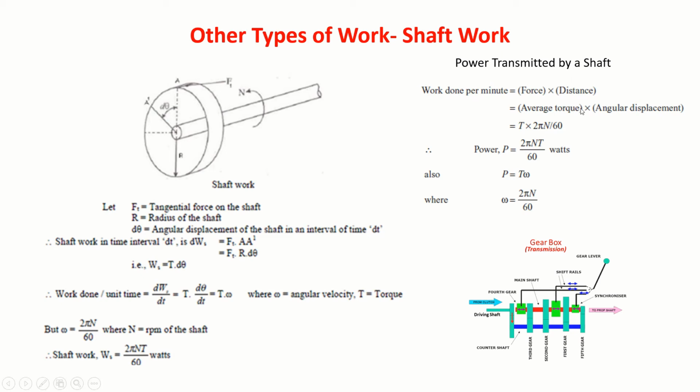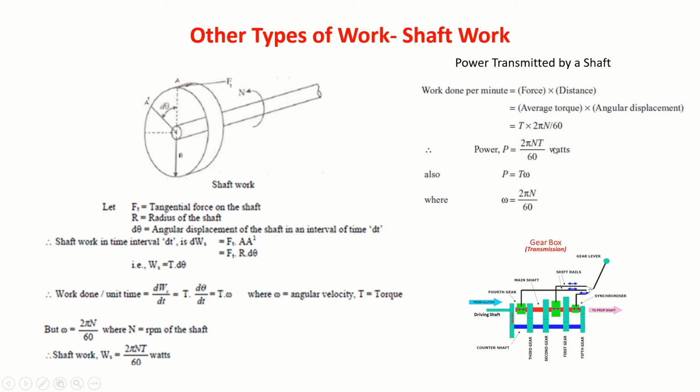This is very important. So what is the power transmitted by a shaft? It is the work done per minute, force into distance, you can say. So average torque into angular displacement. Then you can write T times 2 pi n by 60, which is 2 pi nT by 60 watts.